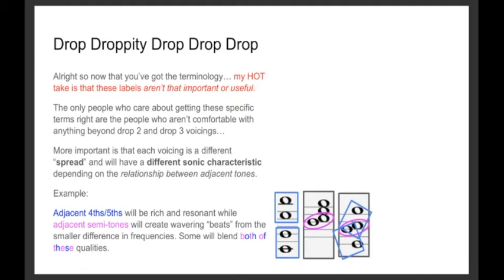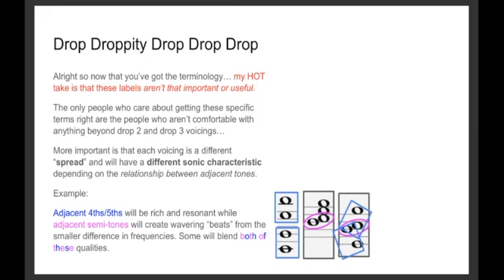And that has to do with how spread out it is, and basically the interval relationships between adjacent tones. So I have an example here on the left with these blue boxes. You basically see that there's a perfect fifth, and then if you go up, there's another perfect fifth. And those two basically power chords are separated by, what is that?